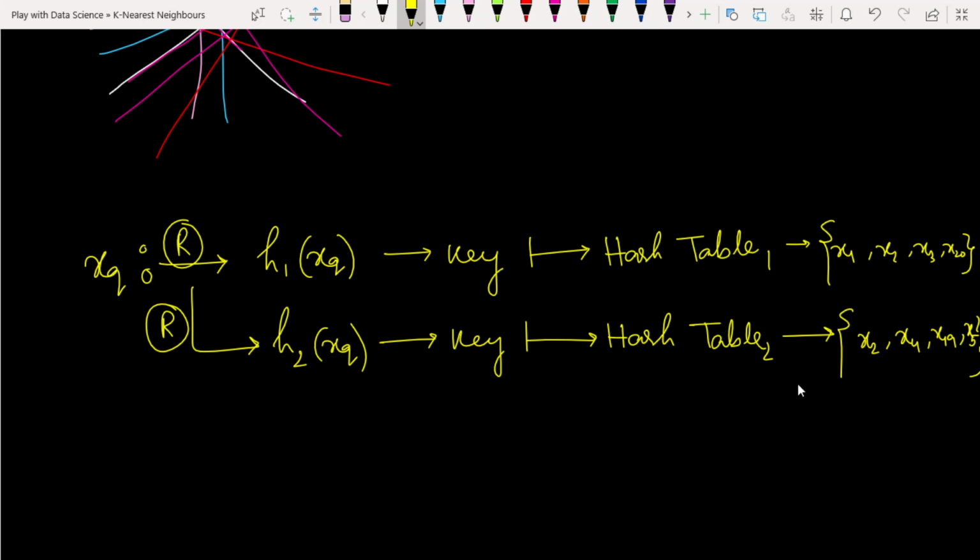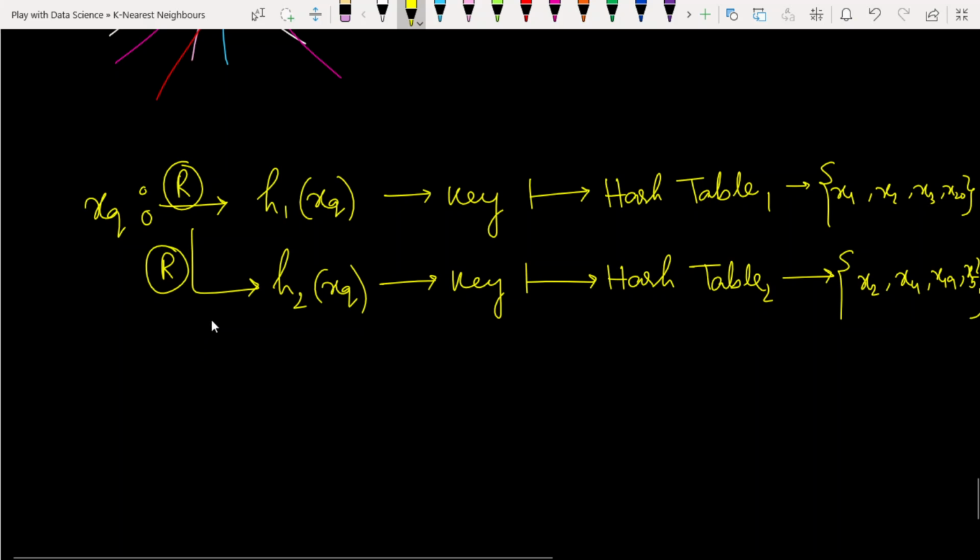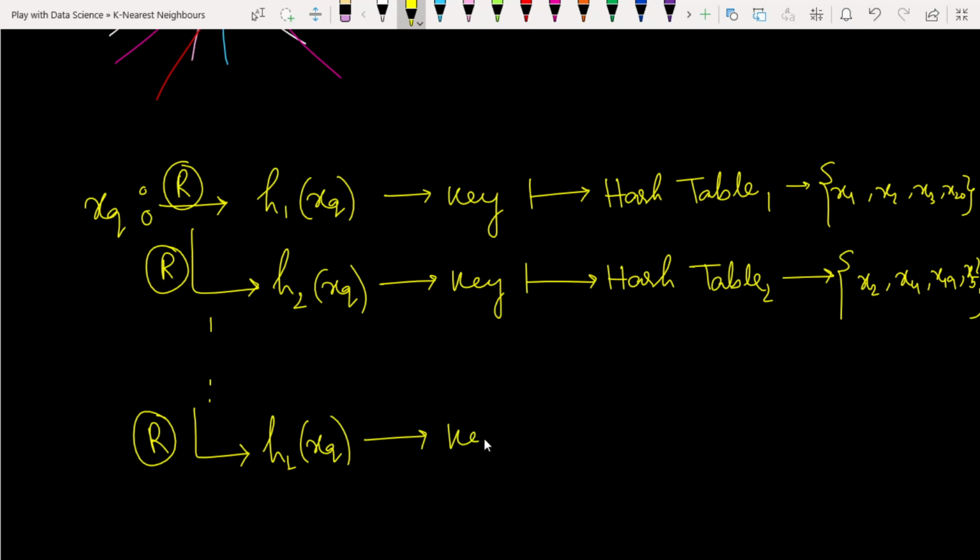The same thing we repeat l times, for l of xq. Similarly we get its key and find hash table l.